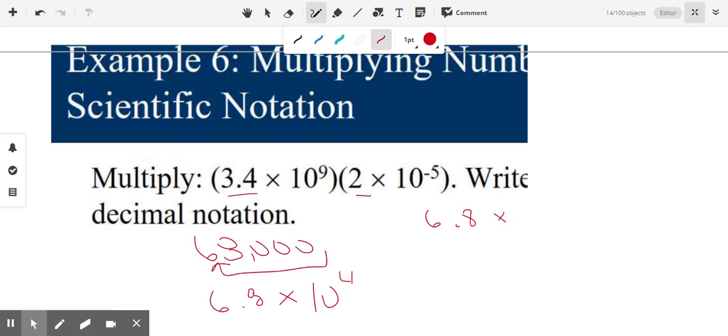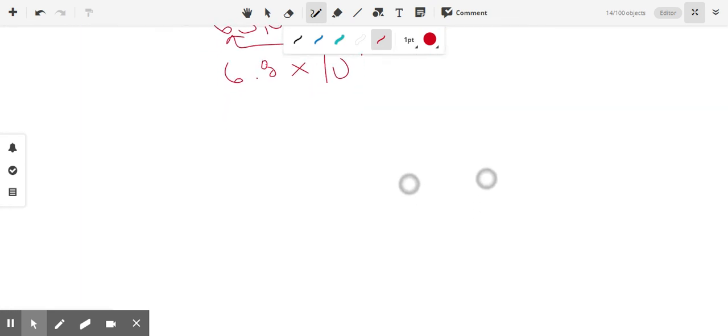Then I do my exponents: I'm multiplying 10 to the 9th times 10 to the negative 5th, so I would add 9 and negative 5, and I would get 10 to the 4th. Notice I get the same thing. If I had gotten a decimal right here, 68, then I would have had to move it back 1, which means I'd have had to add a number there. If I'd have got 0.68, I'd have had to move it forward, which means I'd have had to subtract 1 from there. But we're just going to use the calculators.